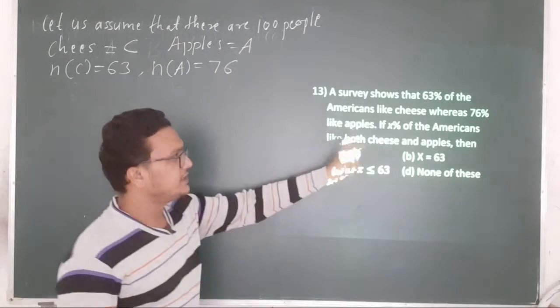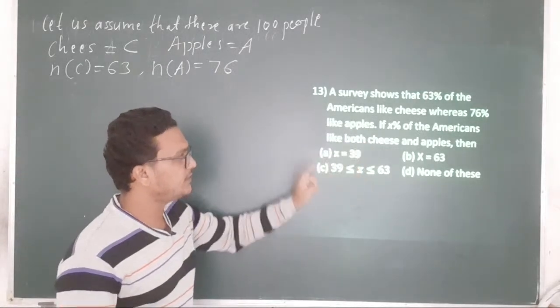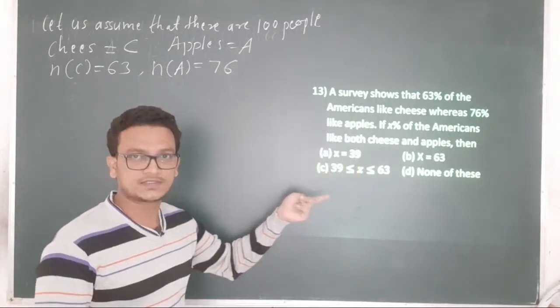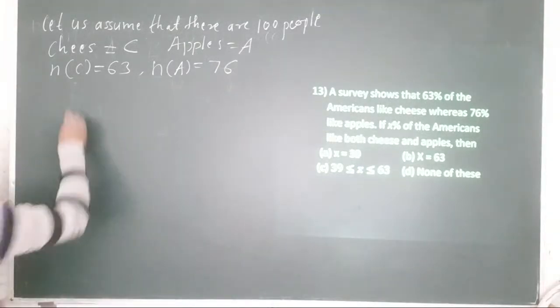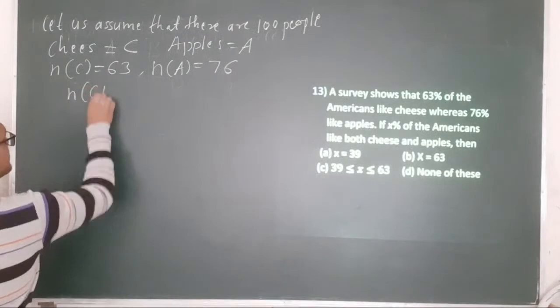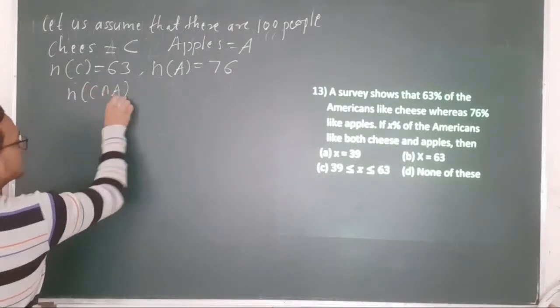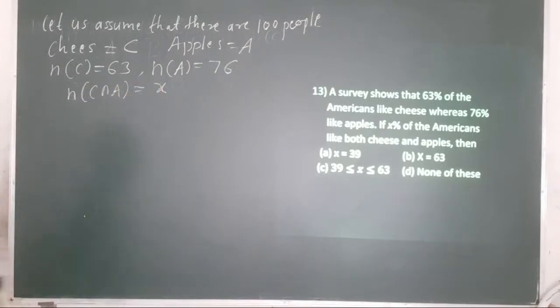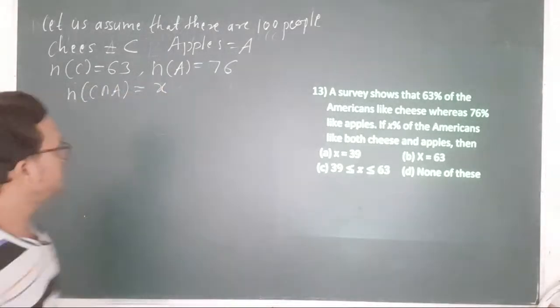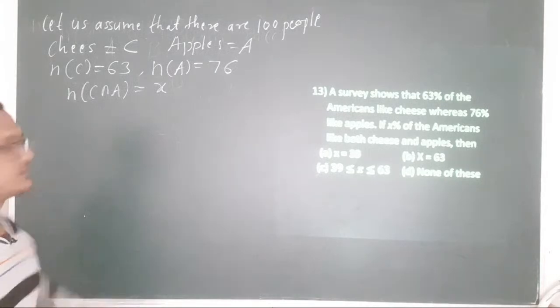Then if X% of the Americans like both cheese and apples, that is n of C intersection A, both means intersection, is equal to X. Then you have to find the value of X here.